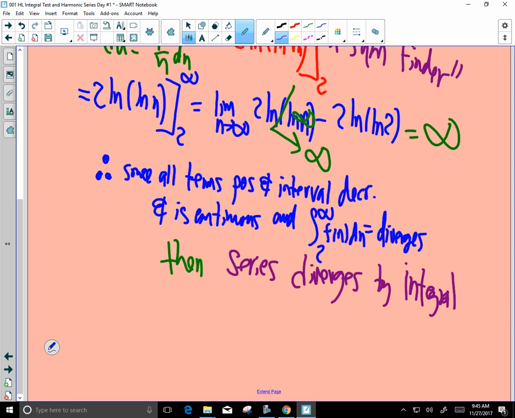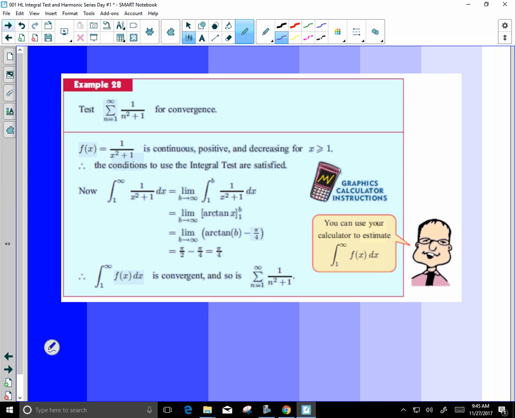What do you think? Not bad. Now that you did the ratio test, this one isn't too bad. And you can see in this example they have 1 over n squared plus 1, terms positive, decreasing on the interval.